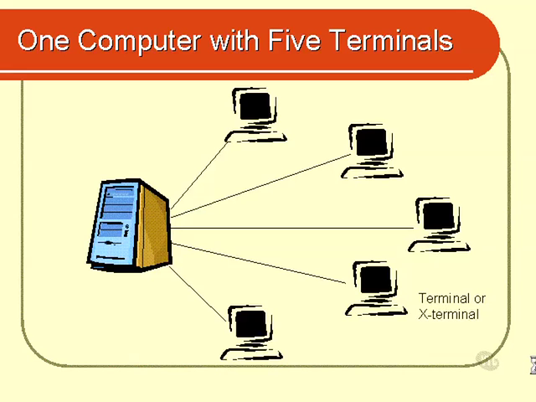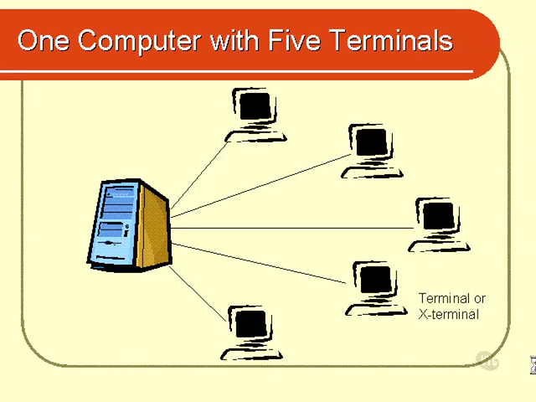Now that we hopefully understand the difference between the two systems, it should be said that Windows systems do not usually work in a terminal environment. It is very, very rare that you'll find dumb terminals hooked up to a single Windows computer.